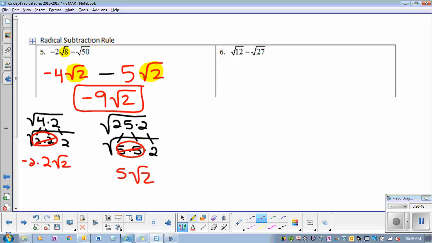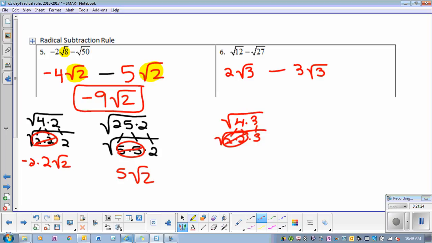Now let's break down 12 and 27 in number 6, because I can't just subtract them straight this way. The stuff inside the radicals are not the same. So if I break down 12, 12 is 4 times 3. 4 is 2 times 2, 3. This is 2 root 3. Right? Minus, well, 27 is 3 root 3.